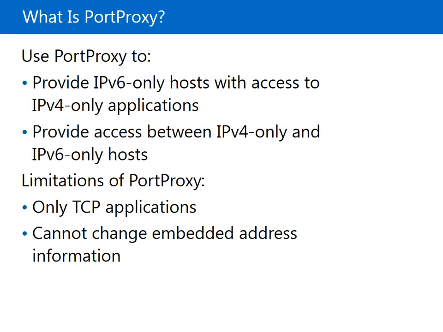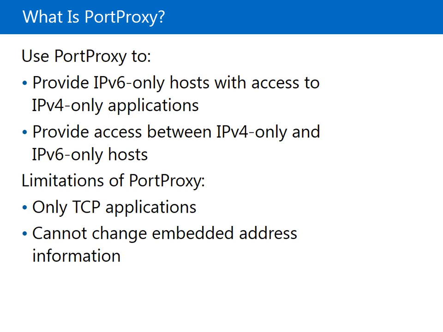So why would you put a port proxy on your network? You're migrating from one to the other, most likely from 4 to 6. And maybe you have new hosts or new computers that only run on one or the other, maybe based on the software they install.